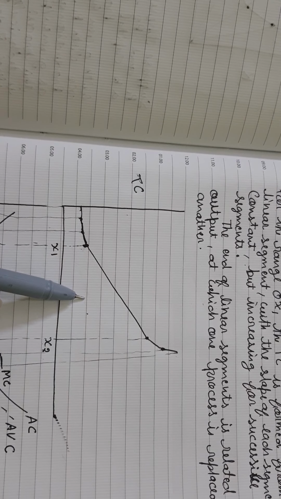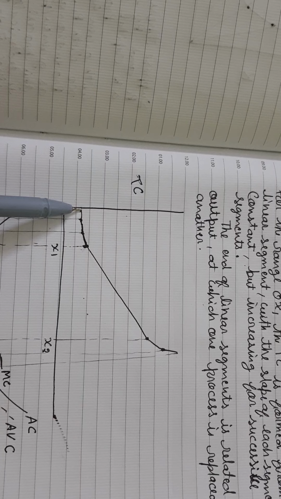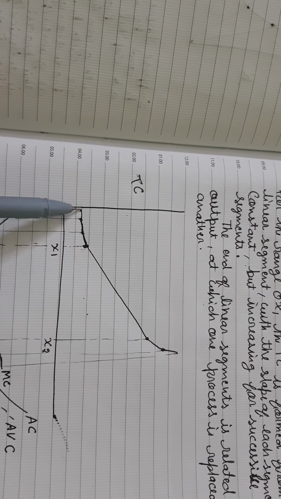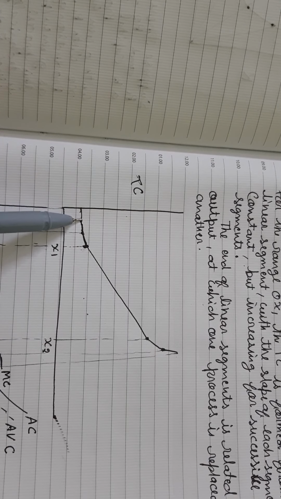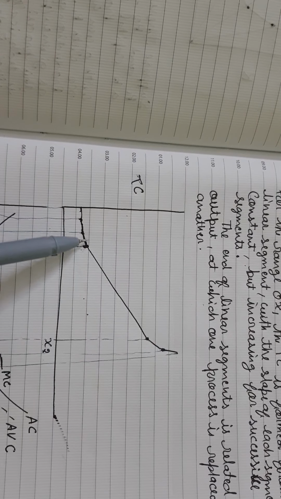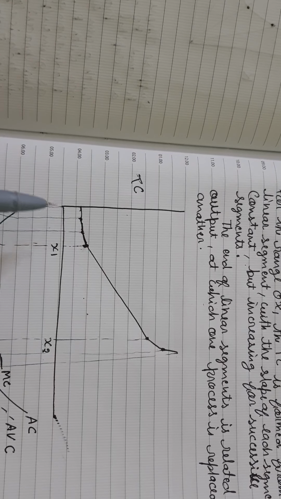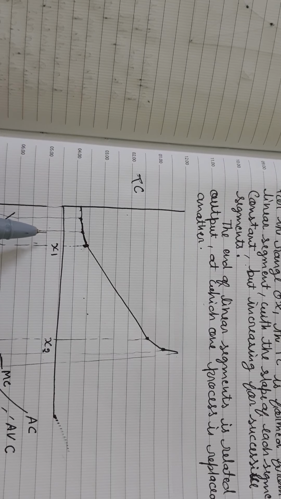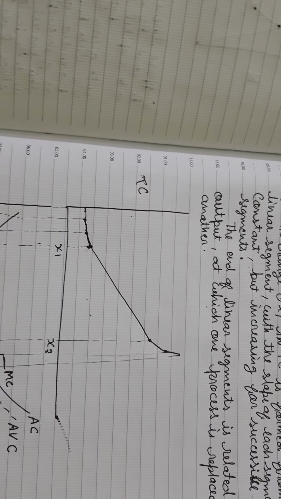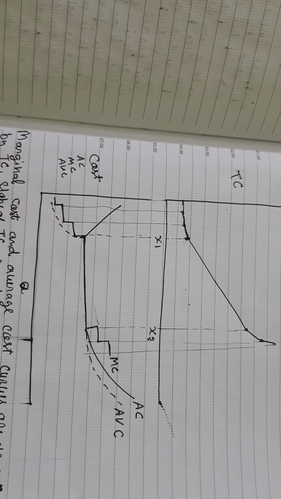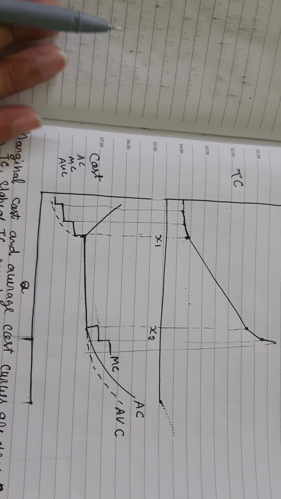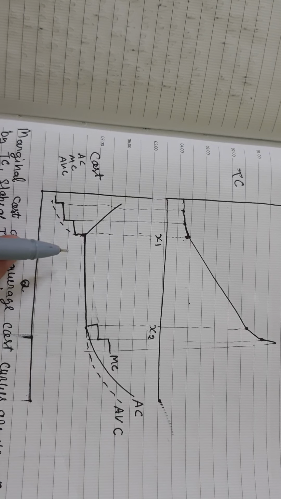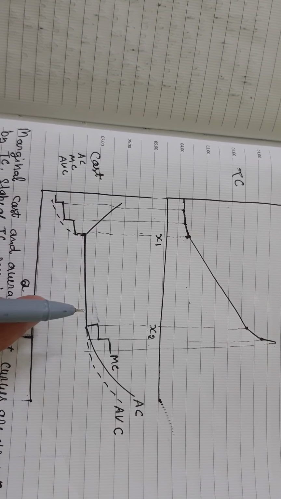So this type of total cost curve is found. You can understand it like if you are constructing the first floor of the building, then the second floor, then the third floor. So every time the cost of production is increasing with this kink at a higher rate. So this type of total cost curve is found in case of short run. How to draw our marginal cost here? As you know, marginal cost is the slope of total cost.